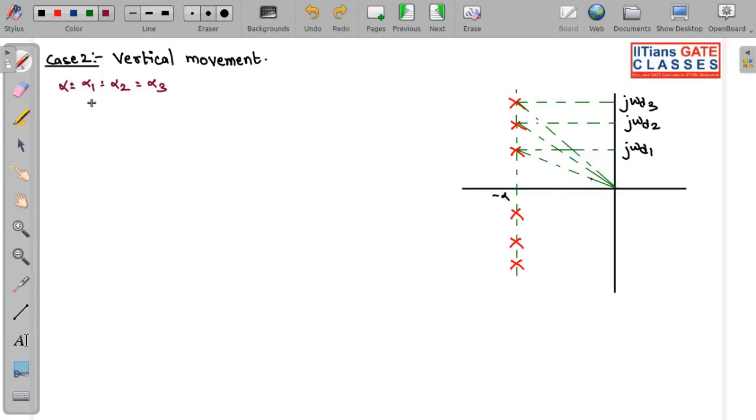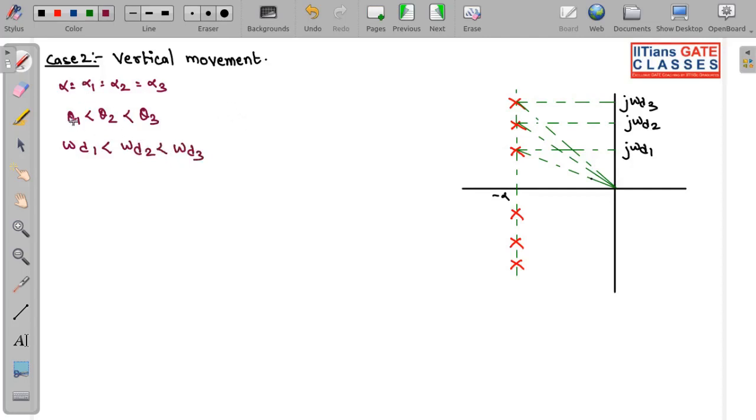So theta 1 is less than theta 2, which is less than theta 3. Next, omega d1 is less than omega d2 less than omega d3. So we have all this.